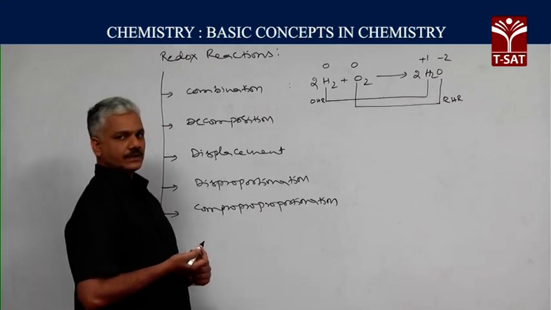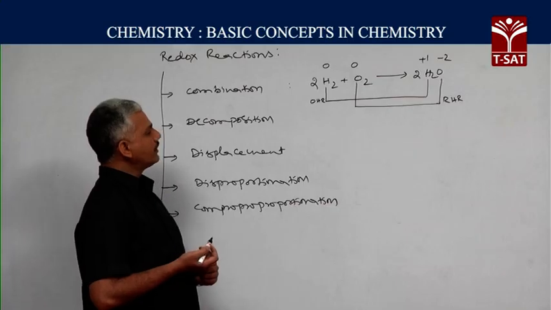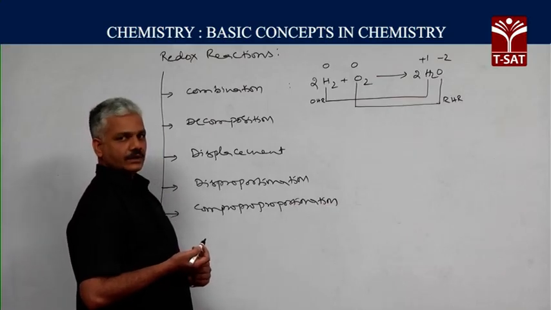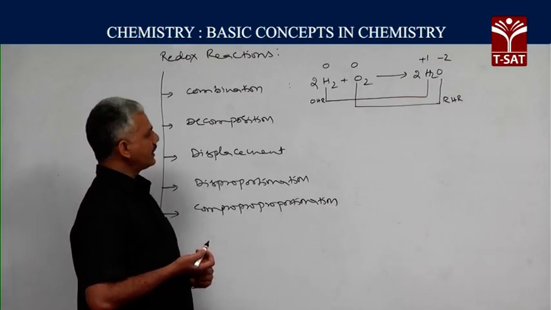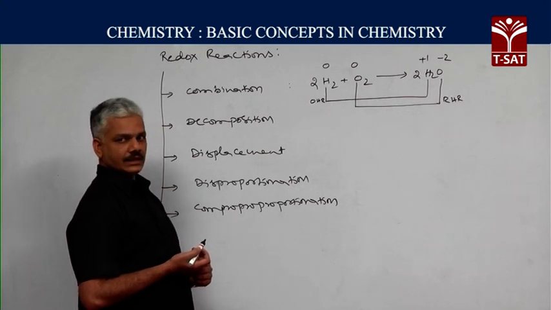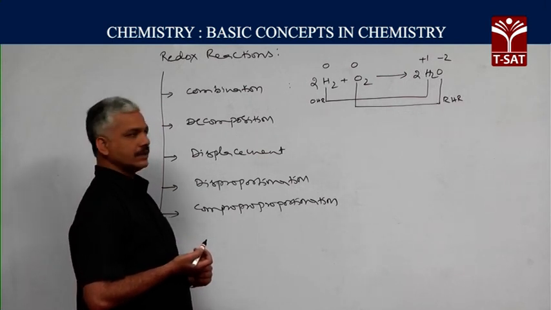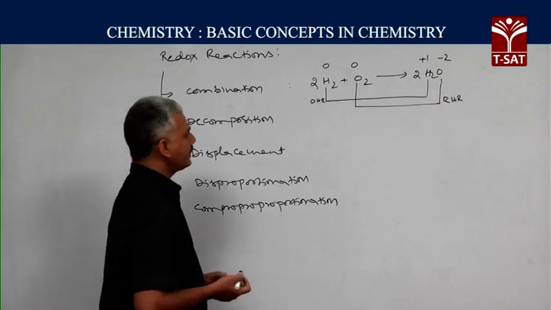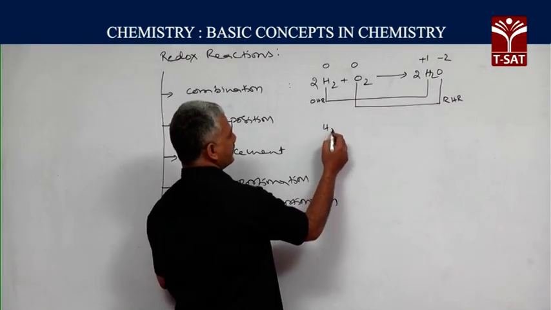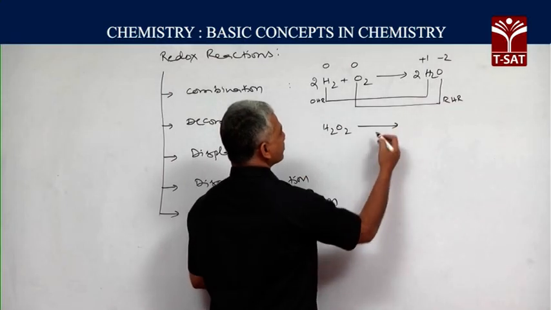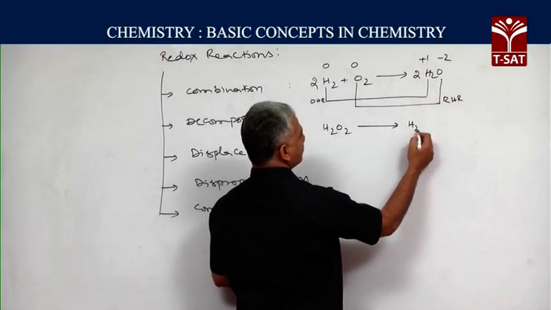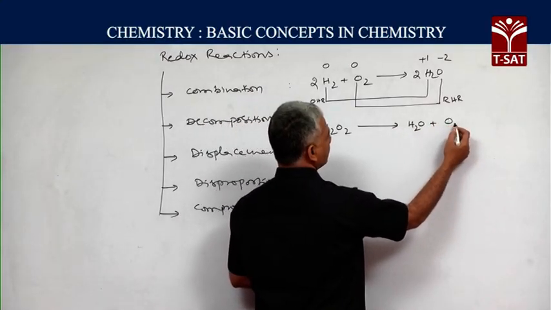Here a compound dissociates to give two or more than two types of products, and both oxidation and reduction are involved in the reaction. Say for example, hydrogen peroxide dissociates to give water and nascent oxygen.